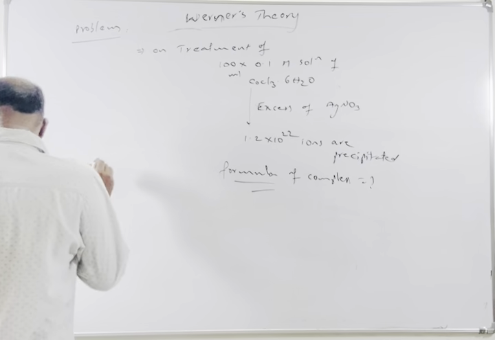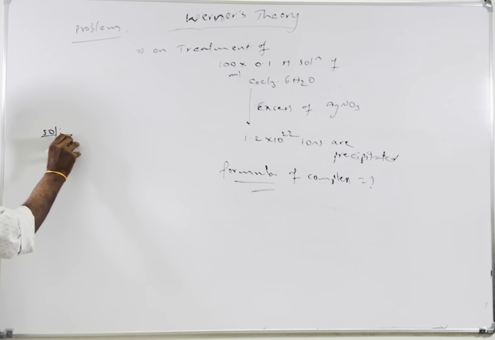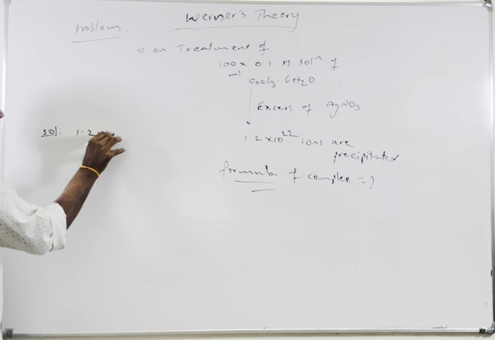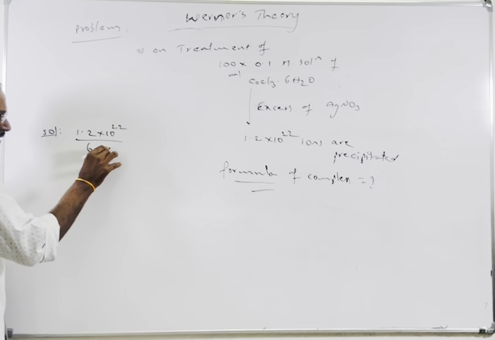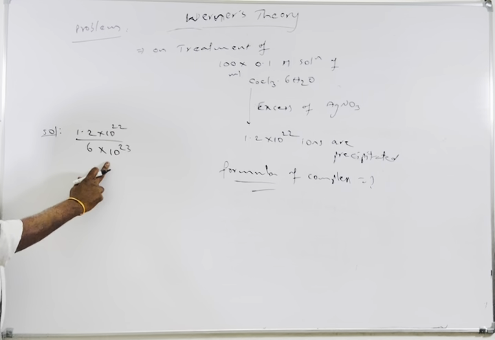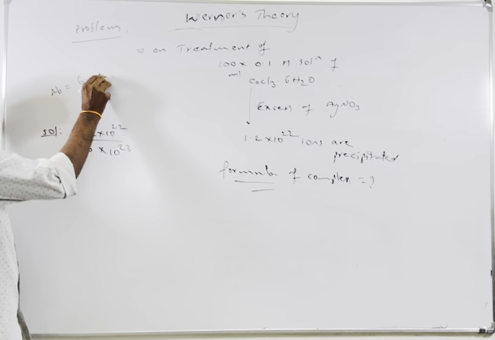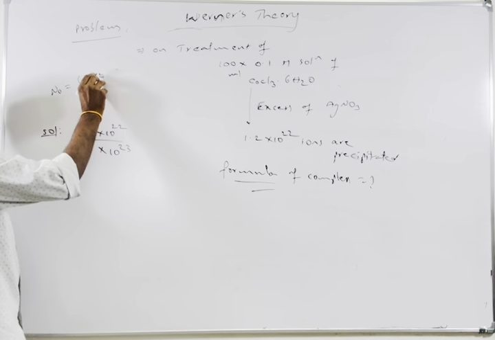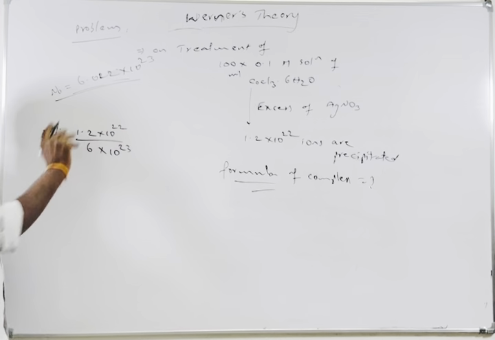I am solving the solution here, please check it. 1.2 into 10 power of 22 divided by 6 into 10 power of 23. I am taking it approximately, because the Avogadro number N0 is 6.022 into 10 power of 23, a constant.